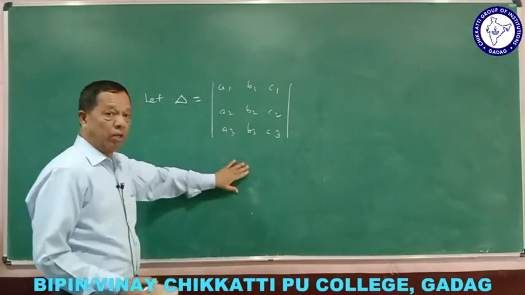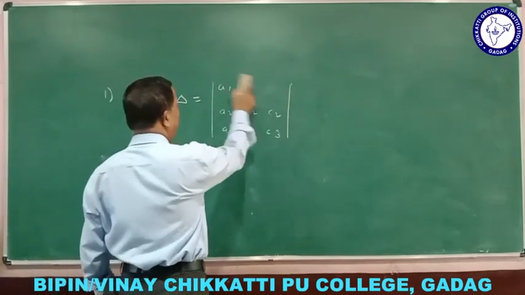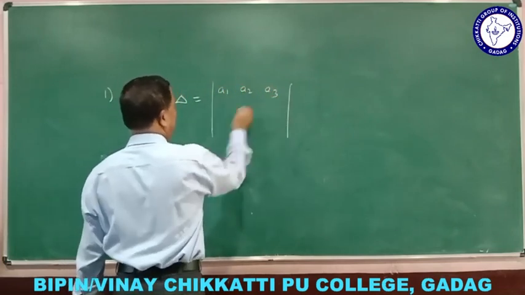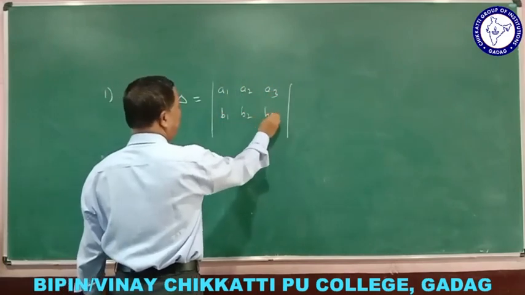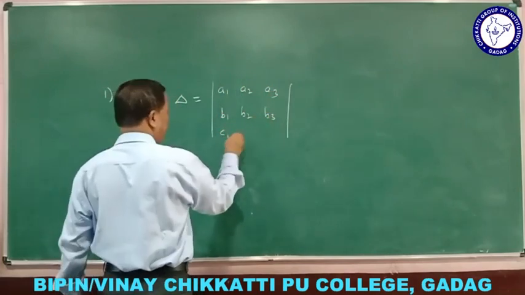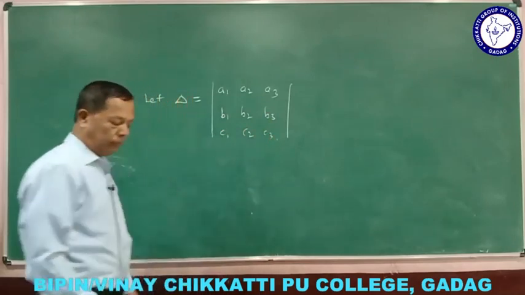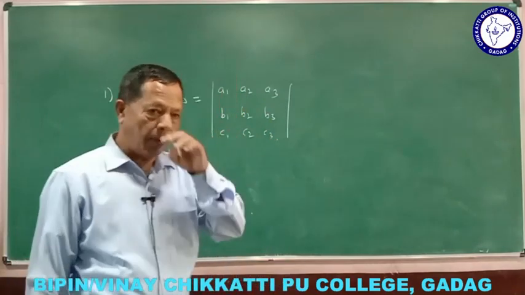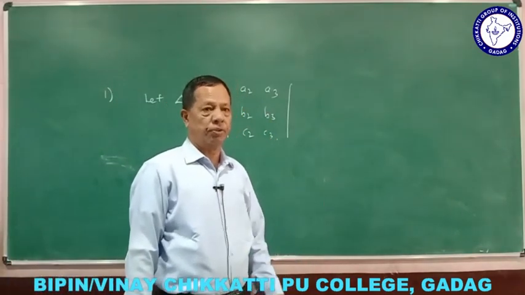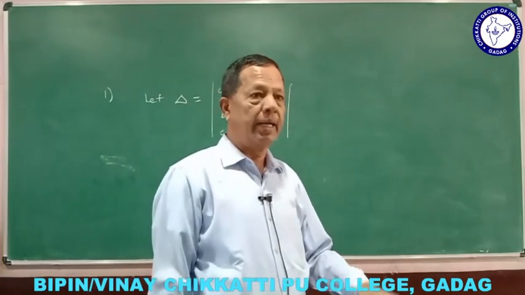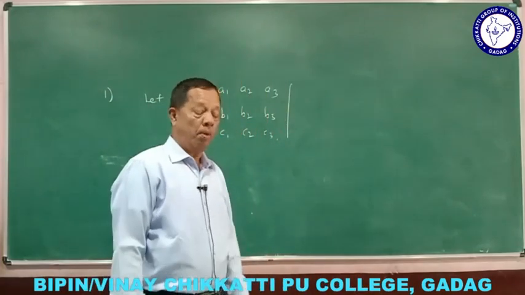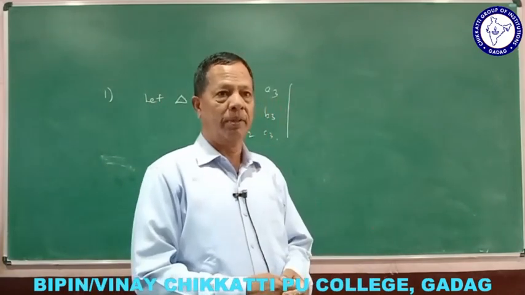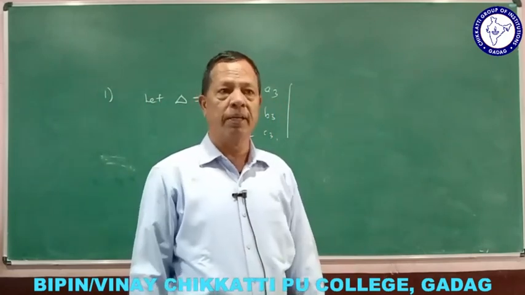While proving, better you take it like this, either A1, B1, C1, or you can take it in this fashion also, for uniformity: A1, A2, A3, B1, B2, B3, C1, C2, C3. Once again I explain. The value of the determinant is unchanged when the rows and columns are interchanged. The question is, prove that the value of the determinant is unchanged when its rows and columns are interchanged.